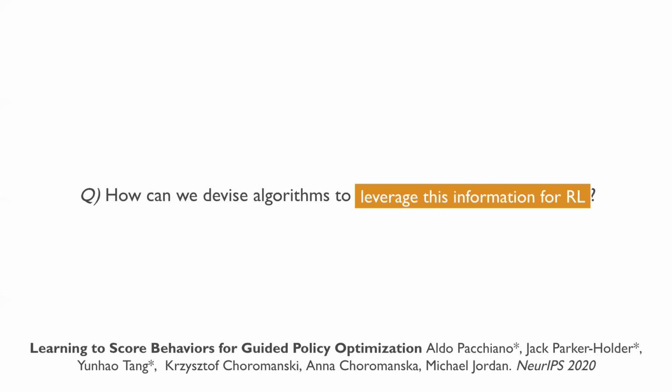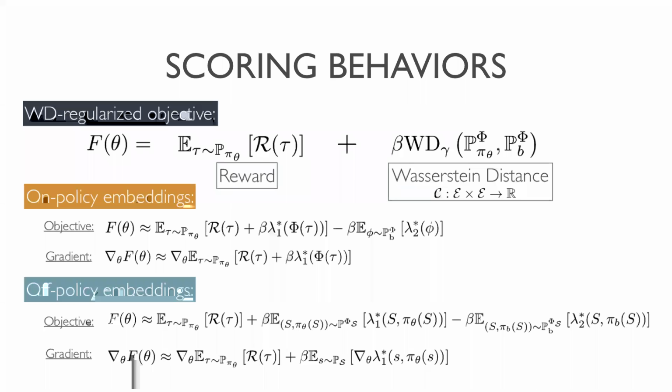Okay, so now let me show you how we use these definitions of distances to get some signal to do policy optimization. Basically the idea is we're going to use these signals, the test functions that are given by the Wasserstein distance, to score behaviors. The main building block of the algorithms that we'll propose will be this Wasserstein regularized objective.